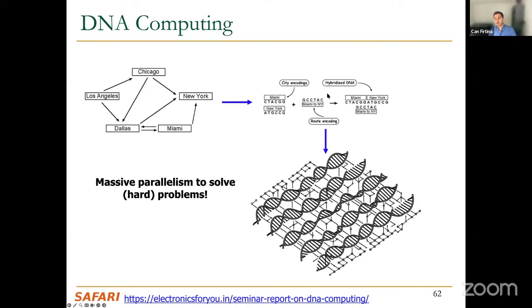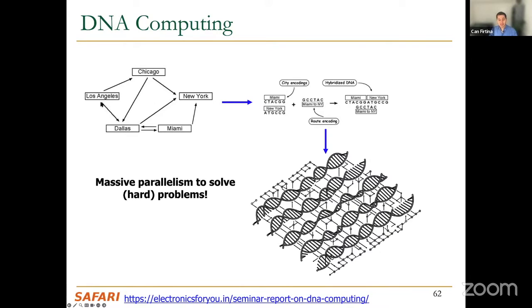And what people are now doing is that they are actually encoding each city with a particular DNA strand, such that the connections between cities are also encoded at the end positions of these DNAs, so that we can use the chemical structures.